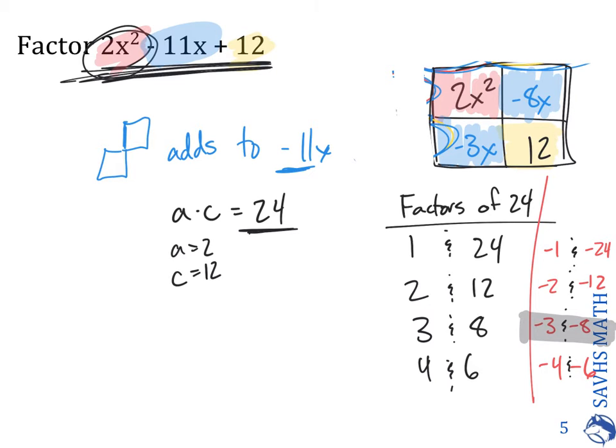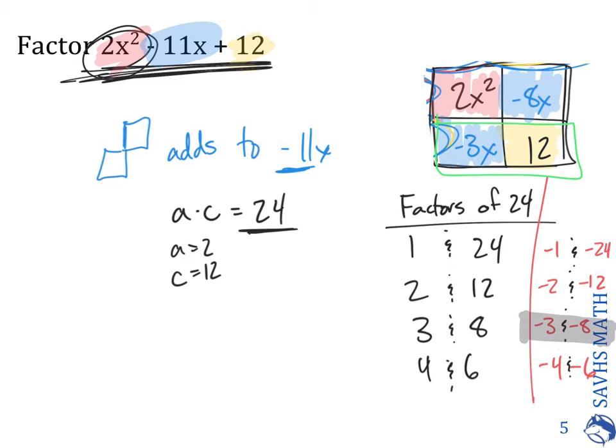Okay, so let's think about this a little bit. What do I have in common between these two boxes? I have a 3, because 3 goes into 3x and 3 goes into 12.